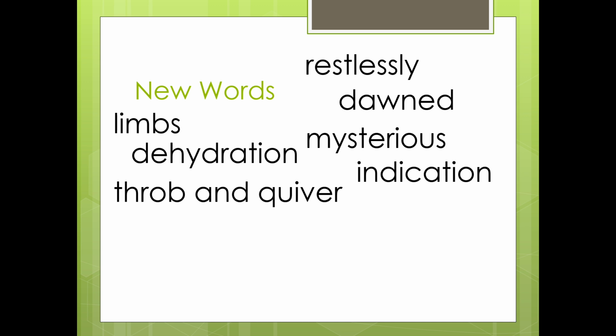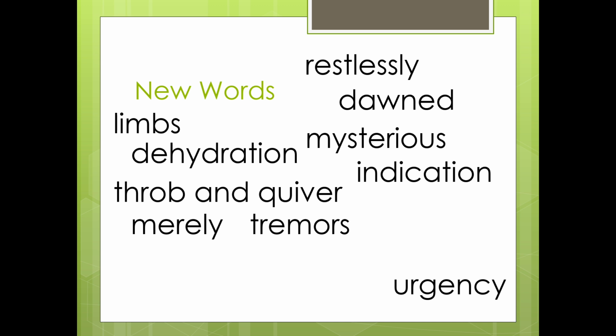When you're afraid, your heart starts beating loudly and in a rhythm. So that is throbbing. Quiver is shiver. Urgency comes from the word urgent, and a situation where there's something urgent to do is urgency. Merely means only. Tremors is quiver, shiver.